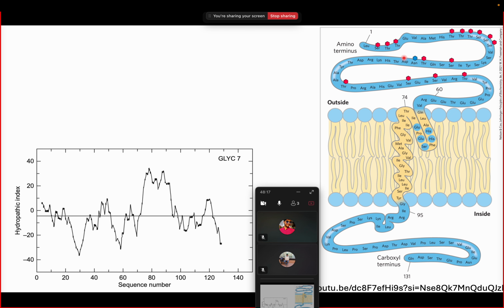But with Kyte and Doolittle, via the hydropathy index, we now have some idea that if a serial stretch of strong hydrophobic residues is present, and the structure is not available, then we can have a little idea that this stretch will be facing the interior of a membrane, or will be transversing the membrane. So this was an important finding at the end of the day.